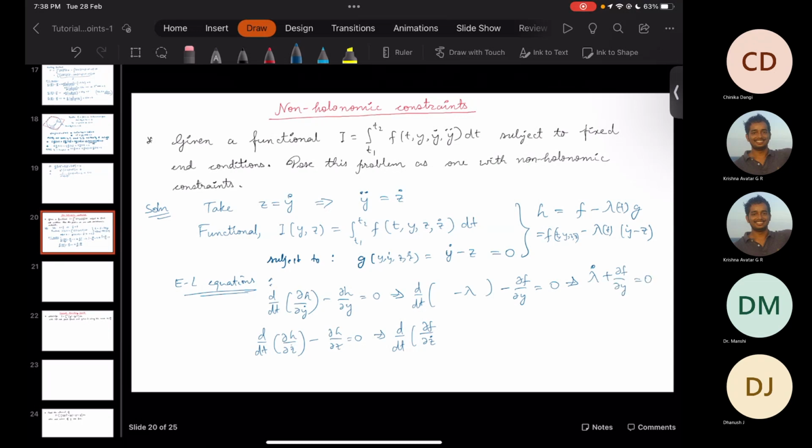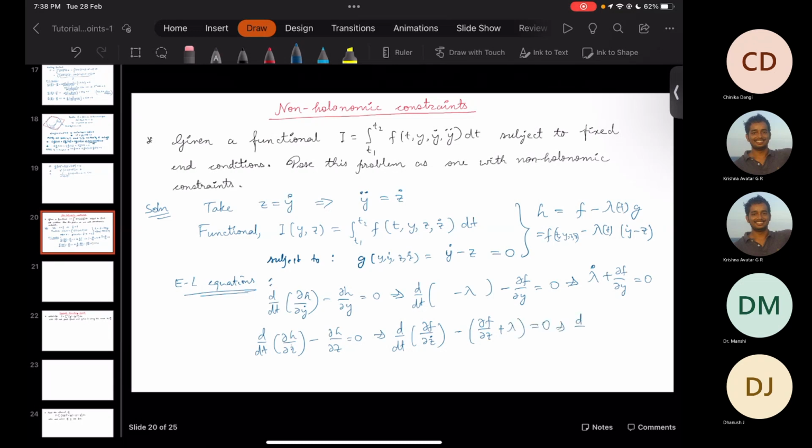And in this case, this becomes ∂f/∂z dot, and then minus ∂h/∂z, right? So it is ∂f/∂z minus lambda, so ∂f/∂z is plus 1, so it will be plus lambda actually is equal to 0.